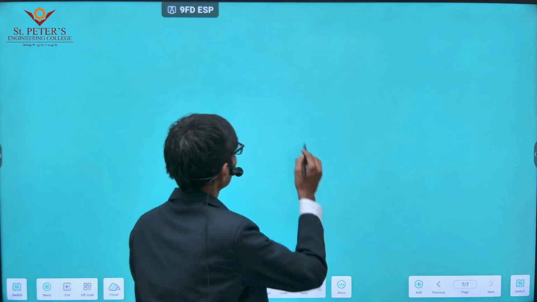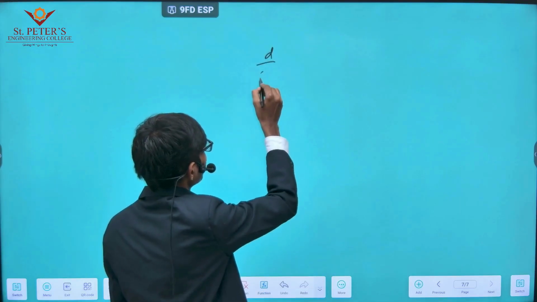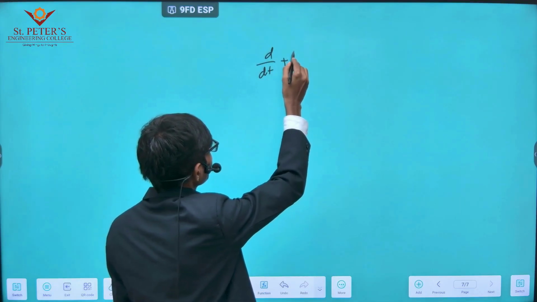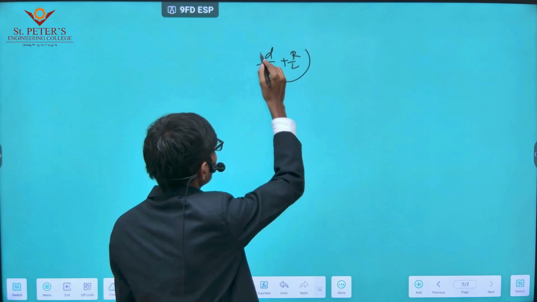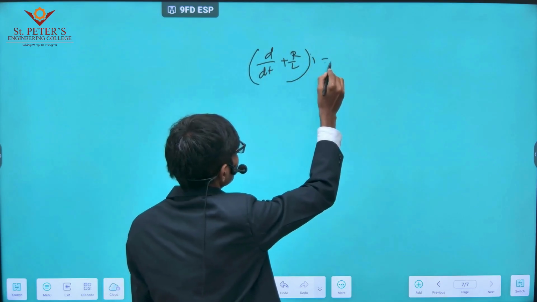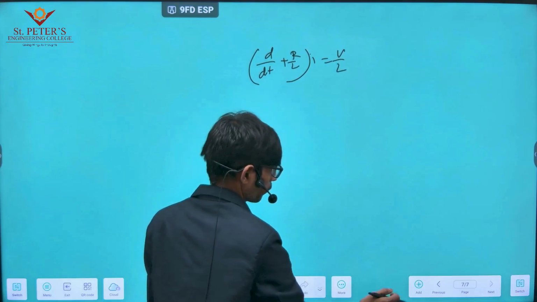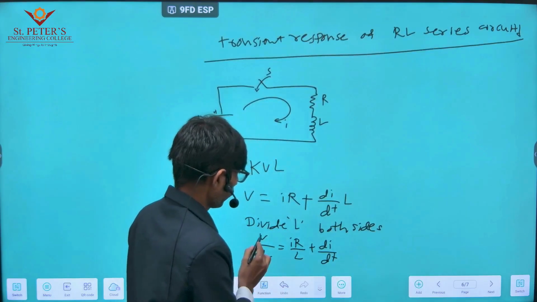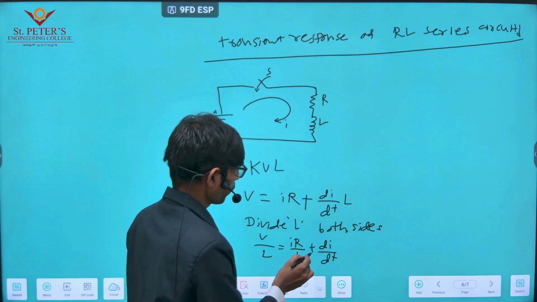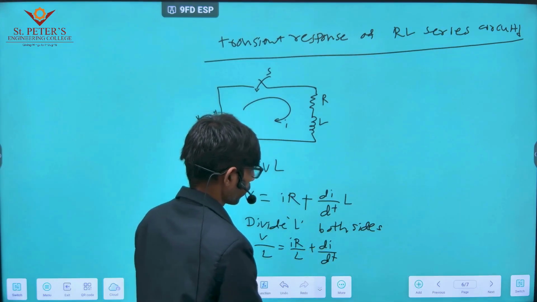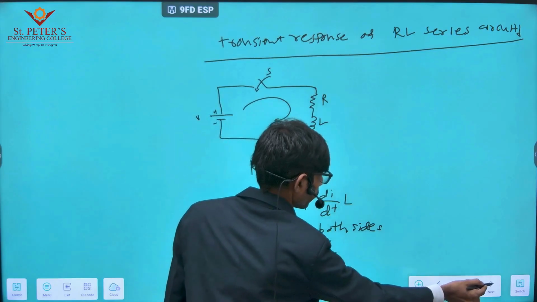We can rewrite the equation as d by dt plus R by L of I equal to V by L.